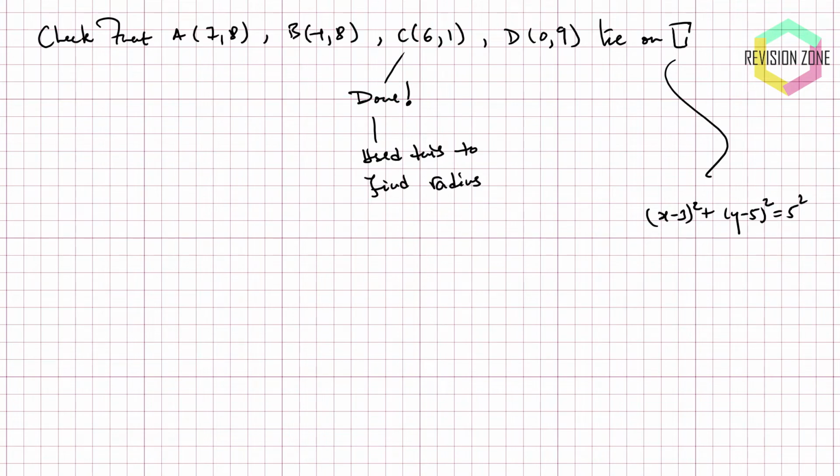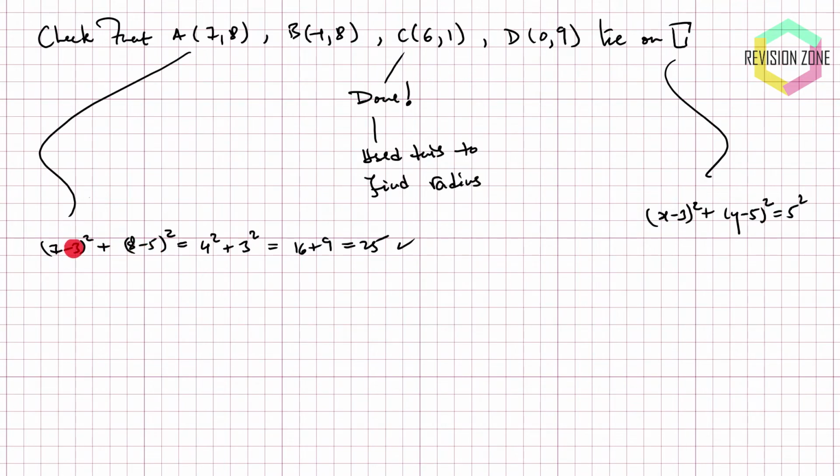So let's check A. We stick in x equals 7, y equals 8 into our equation. So I get 7 minus 3 squared plus 8 minus 5 squared, which is what I have here. 7 minus 3 is 4 squared, and 8 minus 5 is 3 squared, and 3 squared plus 4 squared is obviously 9 plus 16, which is 25. So bingo, A is on our circle.